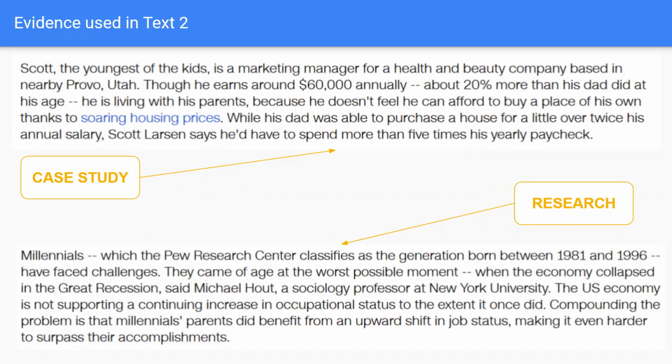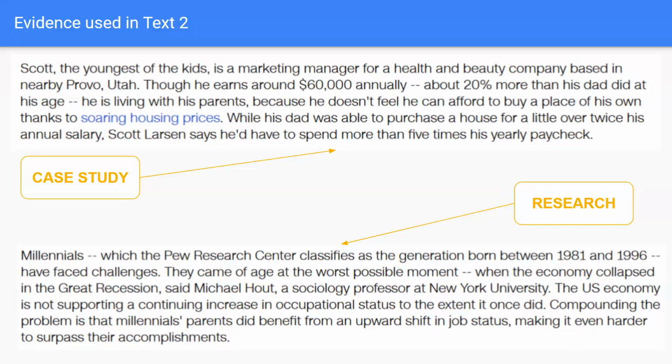The advantages of case studies are that it shows the reader a window into the life and circumstances of one individual. And because of that, it often makes a strong emotional connection with the reader. One disadvantage is that it's only showing you the circumstances of one person.